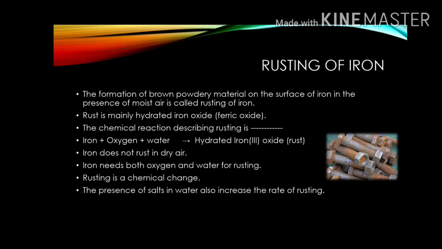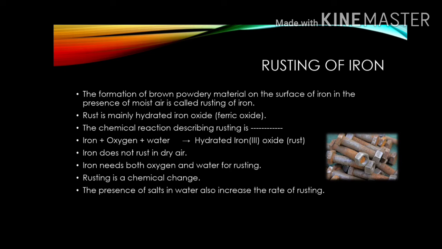In the same manner, especially in the monsoon season, if a spatula made of iron or any kadai made of iron, after washing, is kept in the open air, then this iron reacts with the oxygen and water, and a brown powdery substance is formed on the kadai. You can see the patches of brown color.